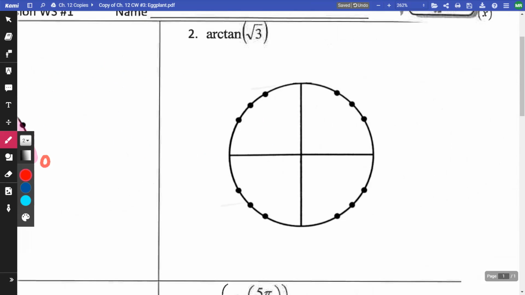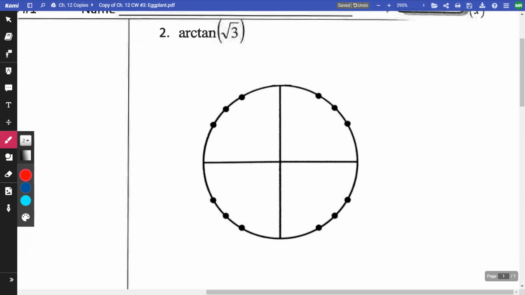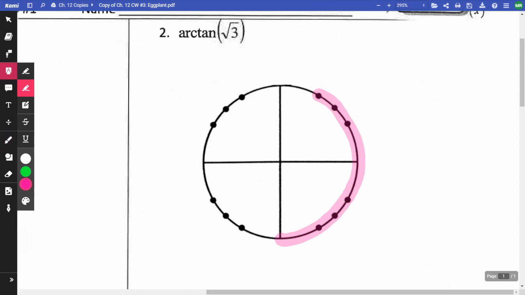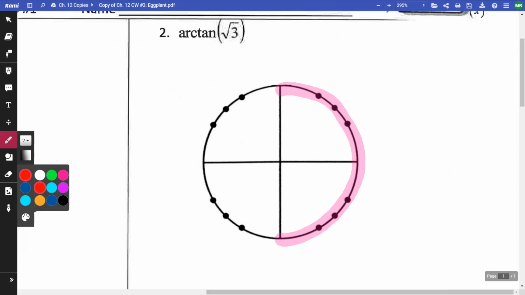For arctan, arc and inverse mean the same thing. So for an arctan, we're going from here to here, from negative pi halves to positive pi halves.